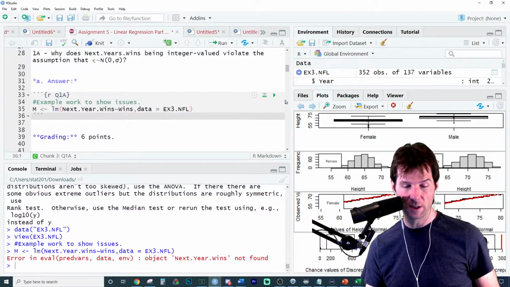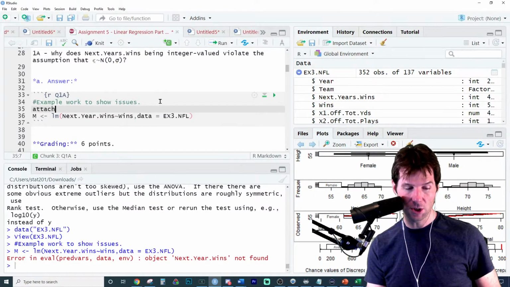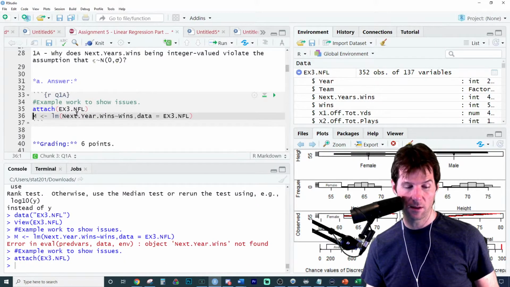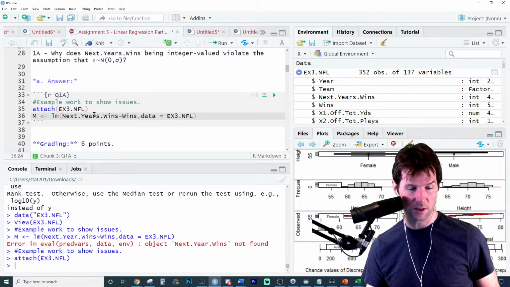Oh, next year's wins not found. No, we can cheat. Attach EX3 NFL. Where's the typo on that?